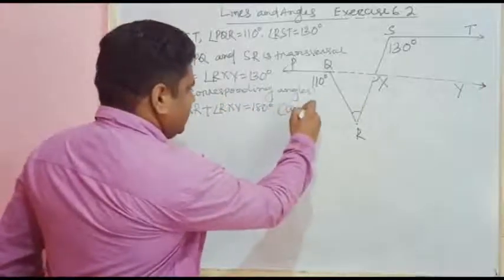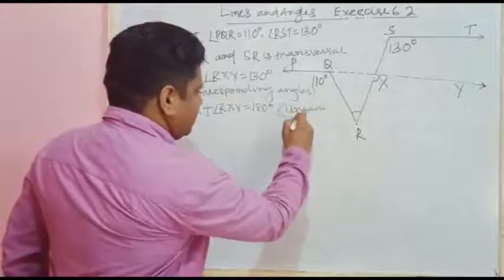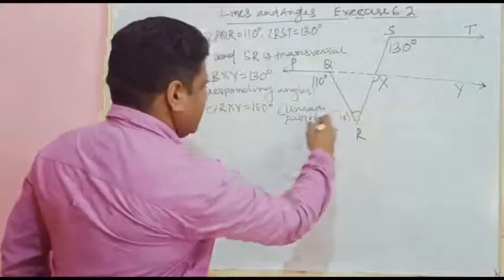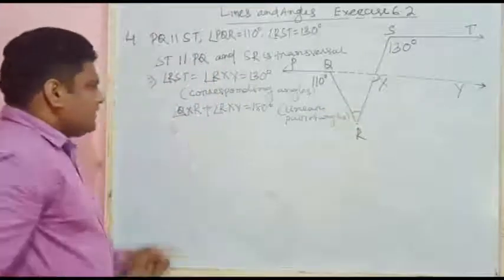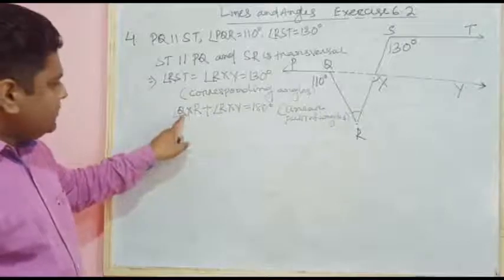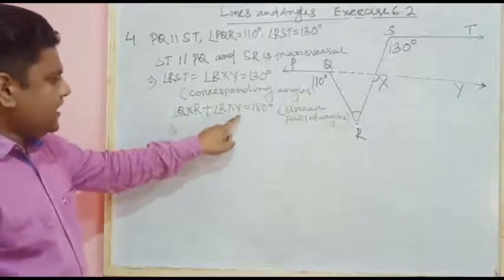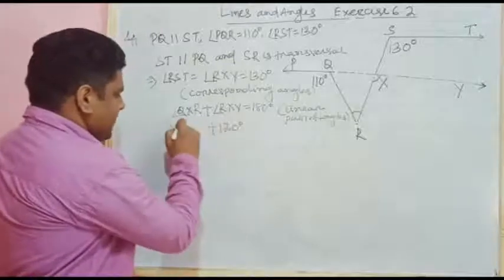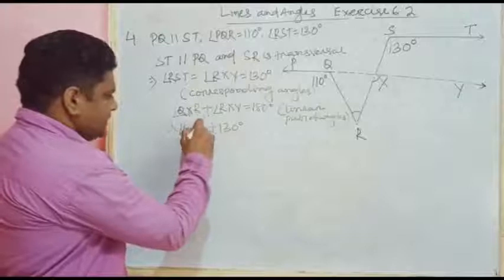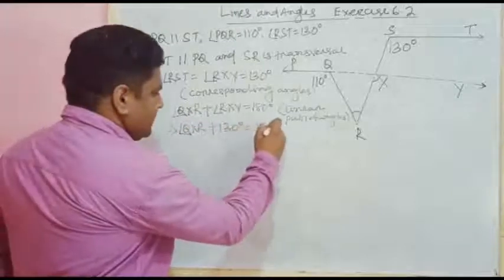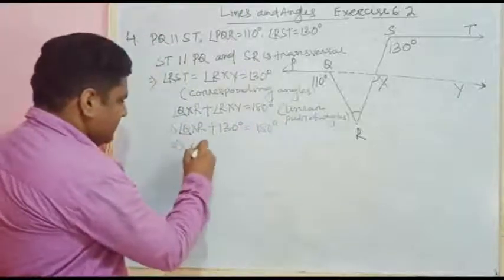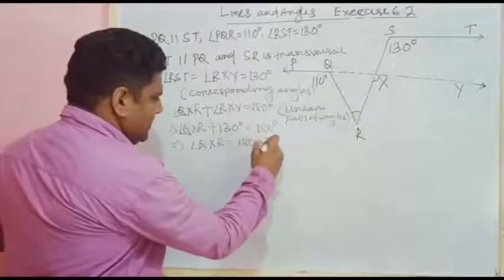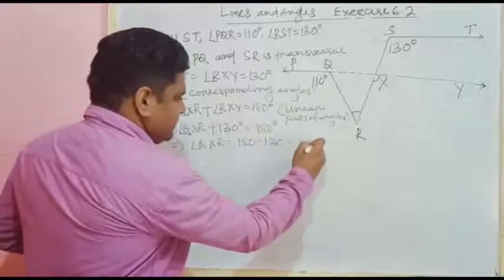We have to write linear pair of angles. This implies that angle QXR plus RXY, which is 130 degrees, is equal to 180 degrees, and we have to find QXR. Now angle QXR is equal to 180 minus 130, which is 50 degrees.